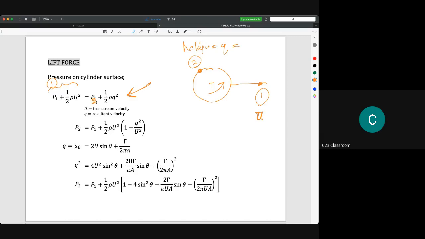I hope you could change this note. So P2 is equal to P1 minus 1 over 2 rho U square bracket 1 over Q square over U square. I hope you could do this at home. You just bring this term to the left hand side, and then you could have the term for P2 here.